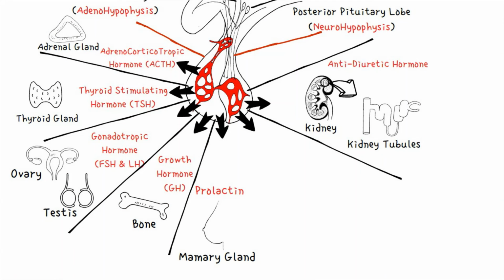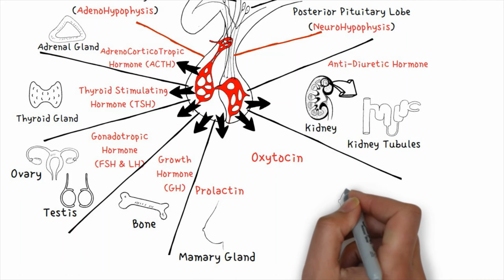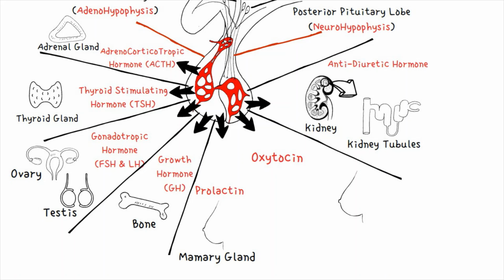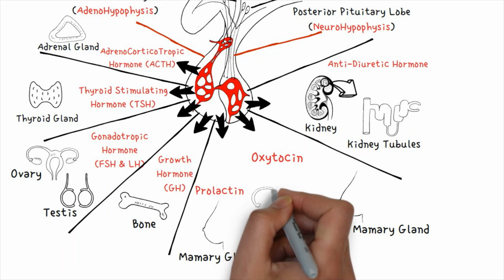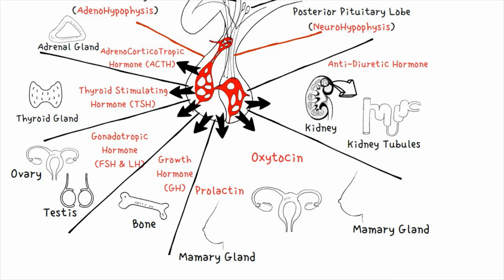So posterior lobe of the pituitary gland also secrete oxytocin hormone which targets the breast where it is essential for the lactation and also important for the contraction of uterine smooth muscles during the childbirth.